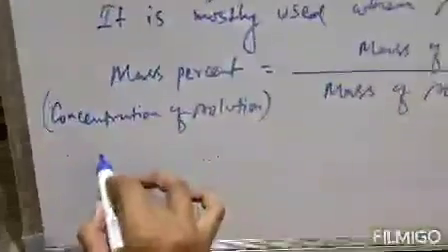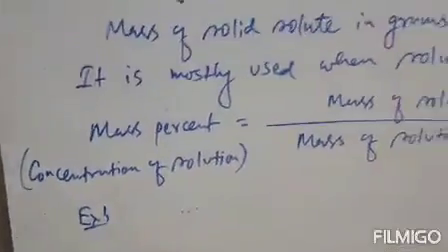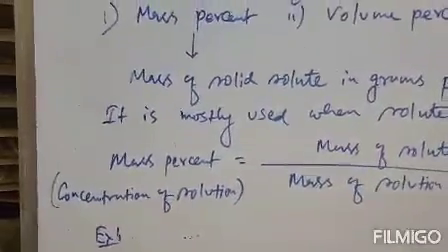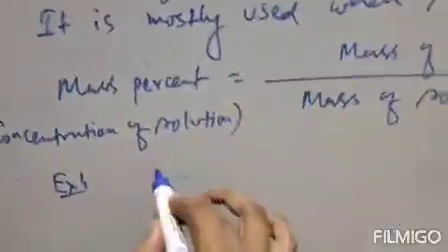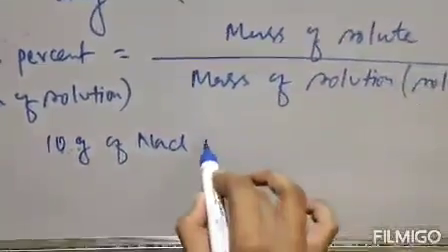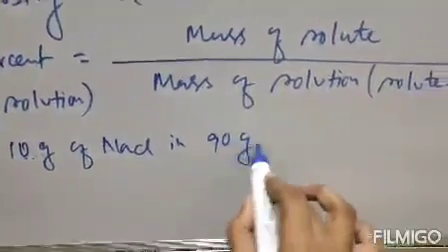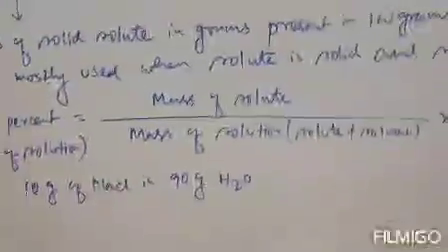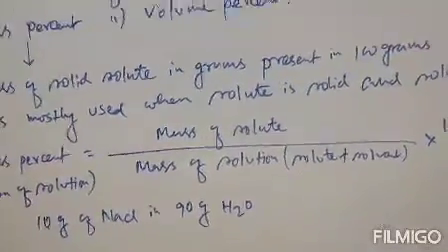For example, suppose 10 gram of sodium chloride, or salt, is dissolved in 90 gram of water. You are dissolving 10 gram of NaCl in 90 gram of water to make a salt solution. Now what is the concentration of the solution?